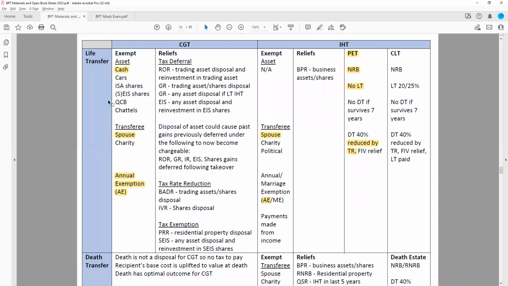If you transfer the shares in life, is it going to be exempt? No, it's not an exempt asset. It's not a trading business, so there isn't going to be gift relief available, or business asset disposal relief available. So it looks as though it would be subject to CGT.